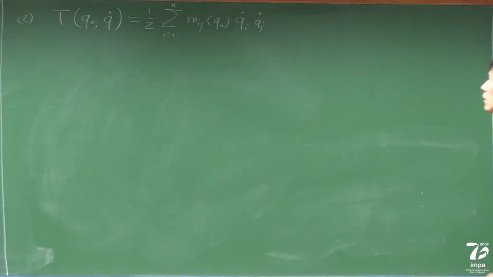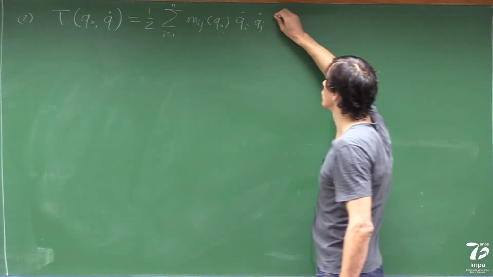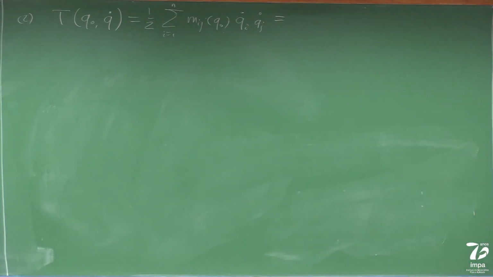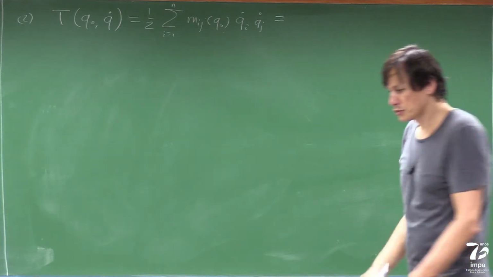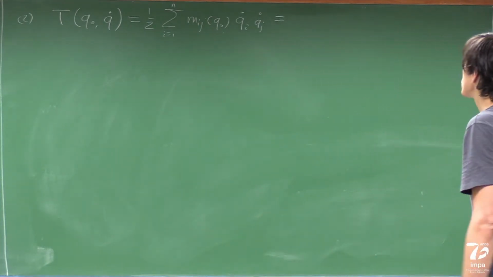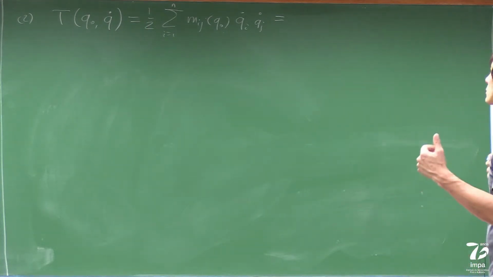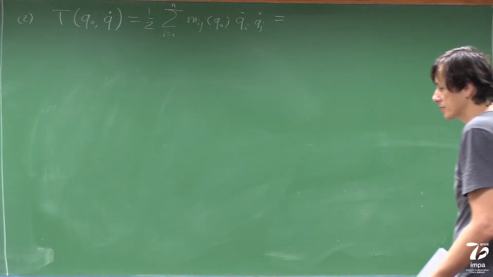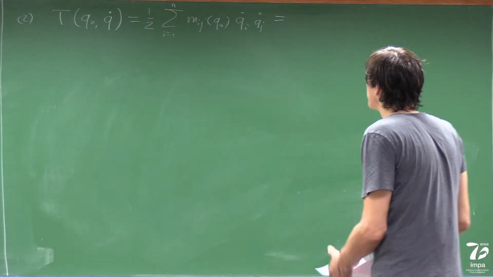But on the other hand, from the beginning, we told that Q are just generalized coordinates which uniquely define the position of the system, right? But the original system can be represented as a collection of material points.